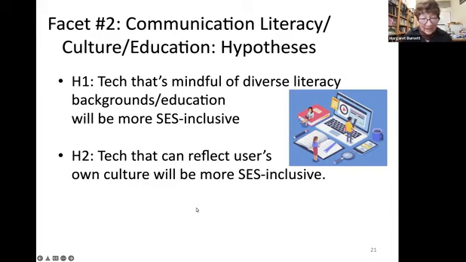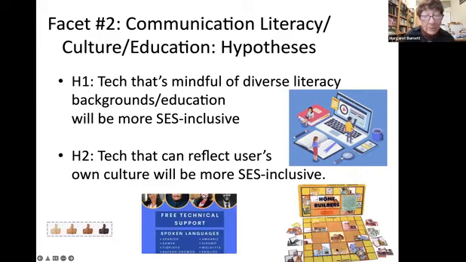Also, another hypothesis is that tech that can reflect the user's own culture will be more socioeconomically inclusive. So here's one fairly recent example. You can now choose the skin color of your little icon. Here's another example. Here they've got free tech support in a variety of languages, and they're giving some pictures to make people see that, yes, they really mean it.